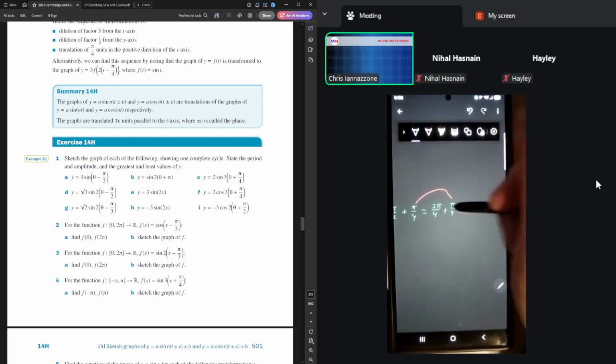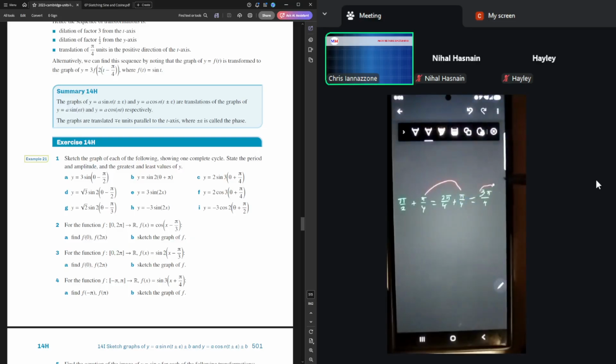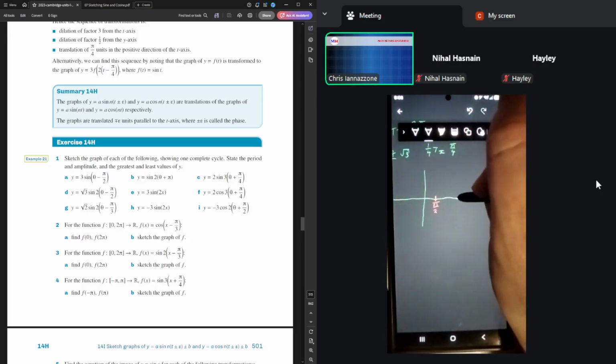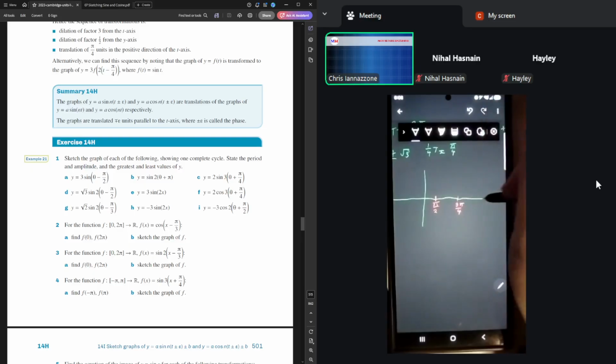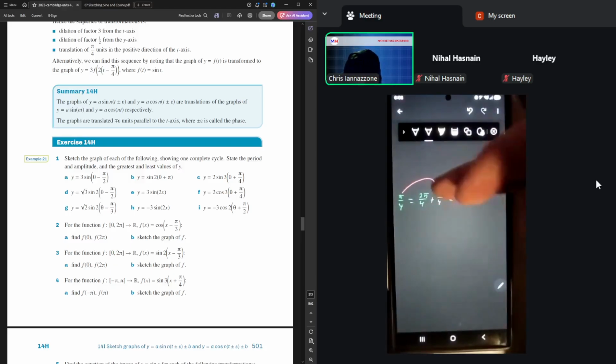Which is going to get us 3 pi on 4. This is now our second interval tick.